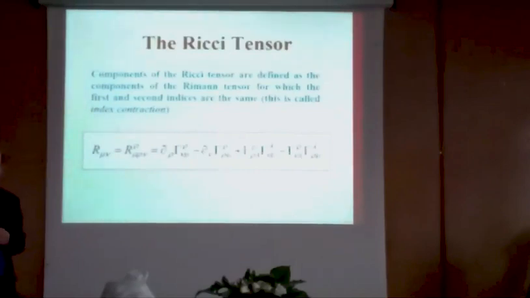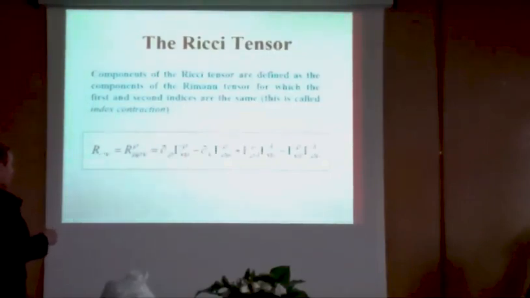Now, the other important quantity in general relativity is what we call the Ricci tensor. As you can see, this is a contraction of the Riemann tensor. I contract the Riemann tensor by multiplying by g or something, and I get the Ricci tensor.